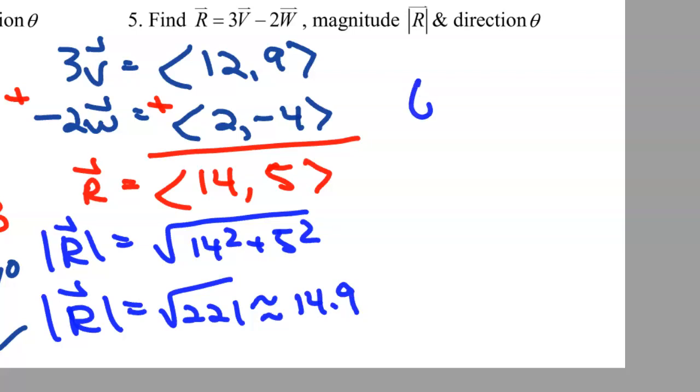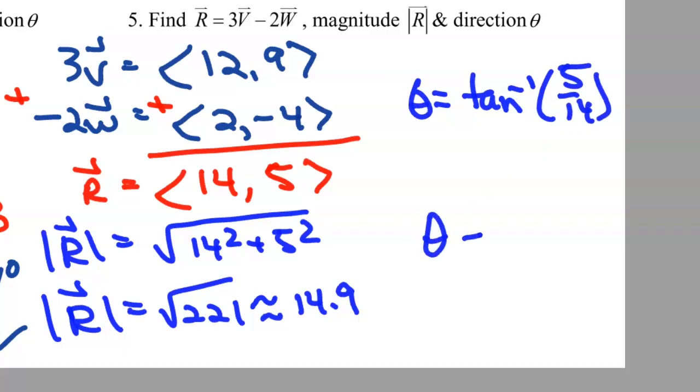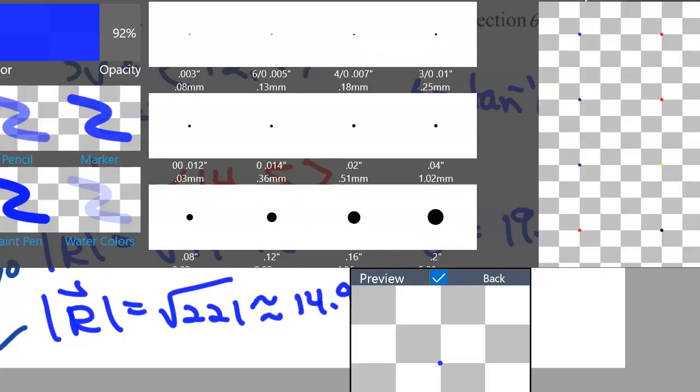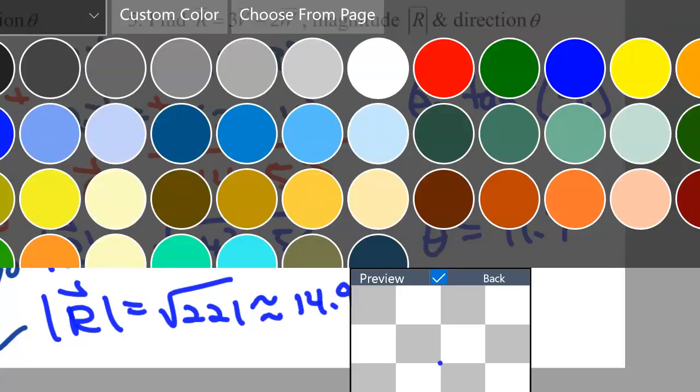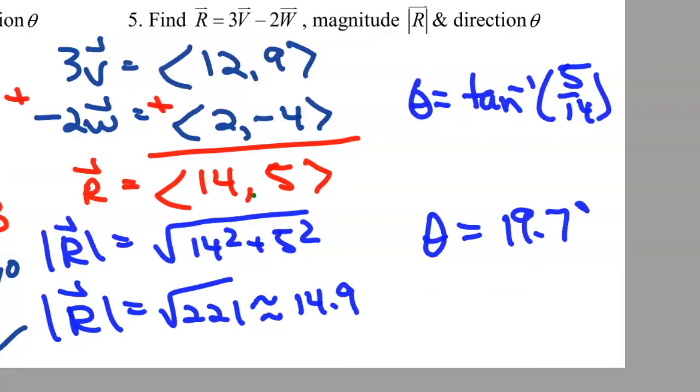And when I want to do my theta, I'm going to do inverse tangent of 5 over 14. I get my theta is equal to 19.7 degrees. And if I pay attention to this, well, my original 14, 5 is in Q1, and my theta is also in Q1, and it checks out.